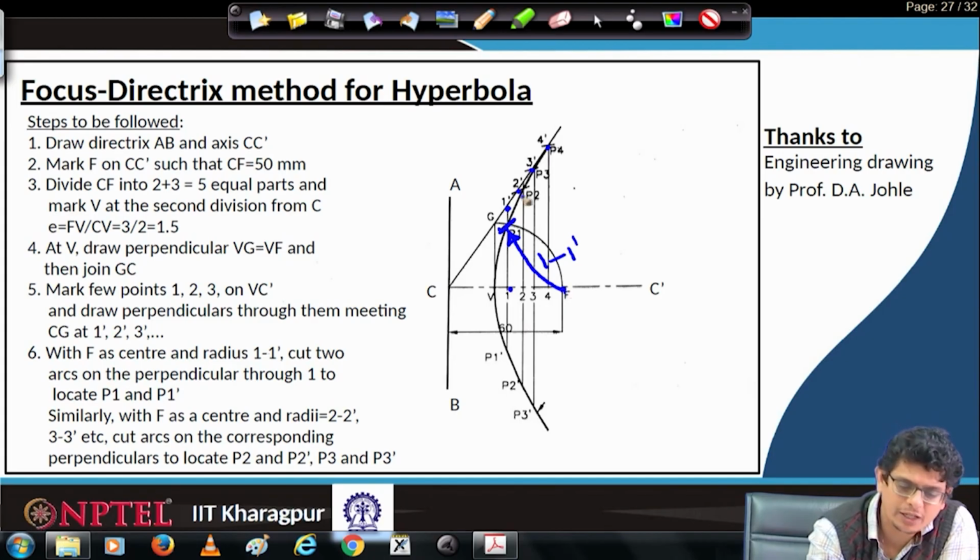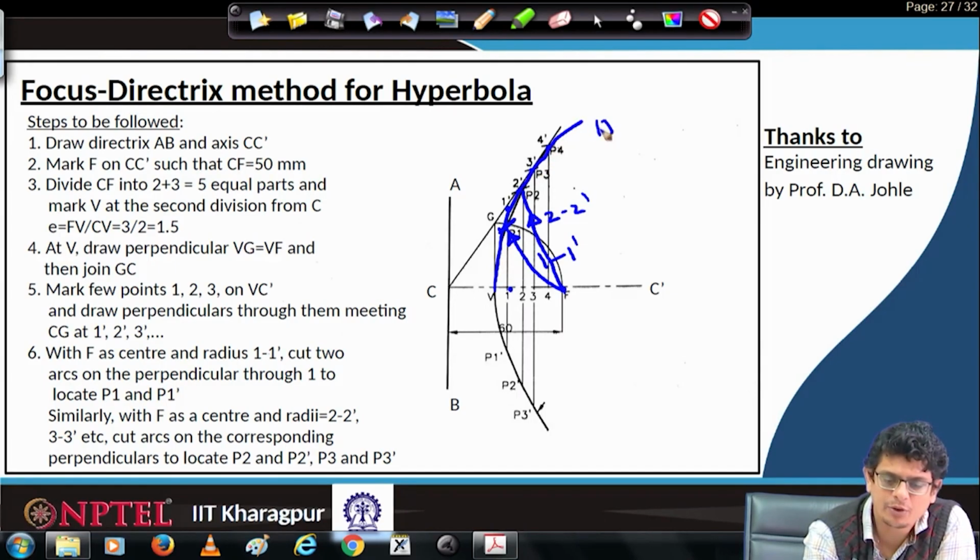Similarly, from the focal point make an arc of 2 2 dash, and from the focus point an arc of 3 3 dash, and so on. Once it is done, we will be in a position to join V passing through these points, so that we can construct a hyperbola.